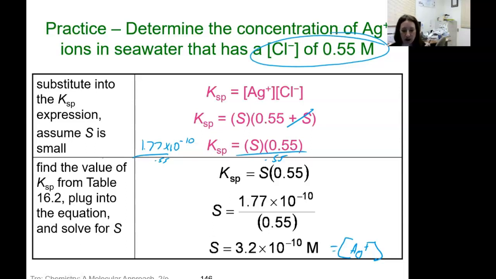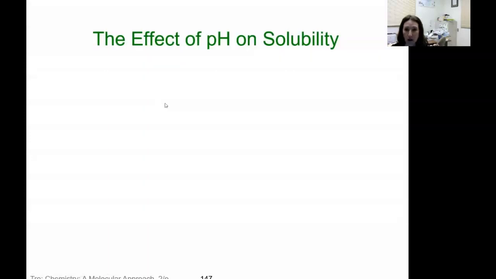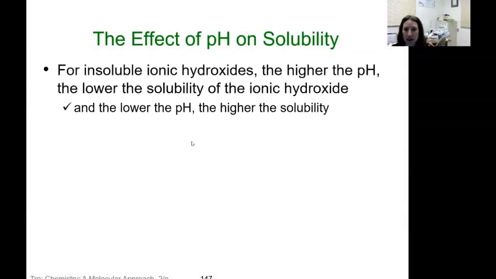Specifically when we talk about hydroxides, most hydroxides are insoluble, and this directly applies to what we talk about in lab. So we have an insoluble ionic hydroxide. The higher the pH is, the lower the solubility of the ionic hydroxide. The lower the pH, the higher the solubility. Why?